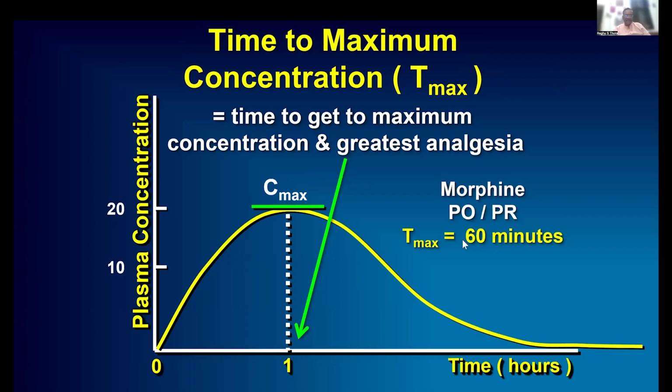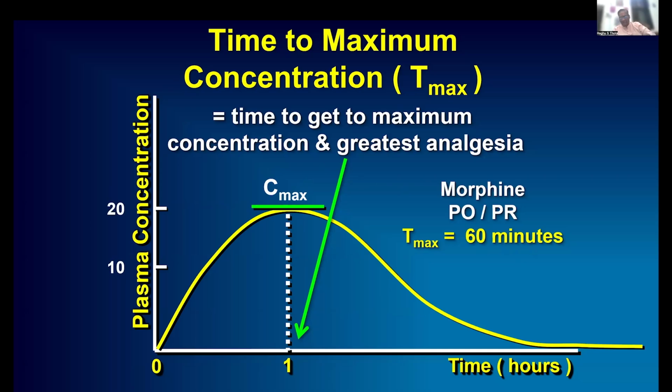If you see, it takes almost 60 minutes after administering the dose for the maximum concentration to be reached. So what is the Tmax here? The Tmax is 60 minutes to reach the Cmax. Cmax is the maximum concentration where you will get the maximum analgesic effect, or the greatest analgesia is achieved. You might be wondering why it is taking 60 minutes for the oral dose. When you swallow it, it goes into your stomach, gets dissolved, then gets absorbed and goes to the liver.